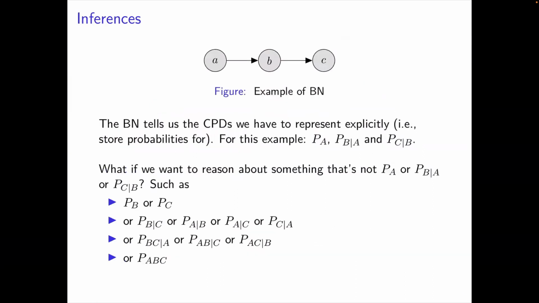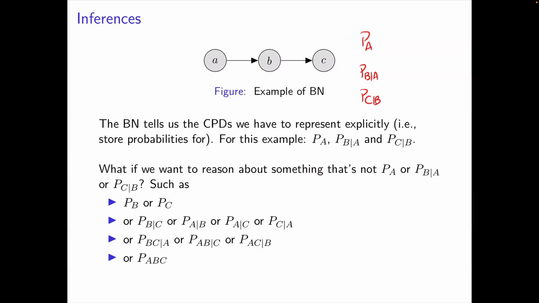Now, the first big thing is what I told you. It gets more compact. The next big thing is you can still assess all of the probabilities that you would have access to if you had a big table. And this is a matter of probabilistic inference. So for example, here, we know we have tables for PA, PB given A, and PC given B. These are the only tables we will have in the representation.